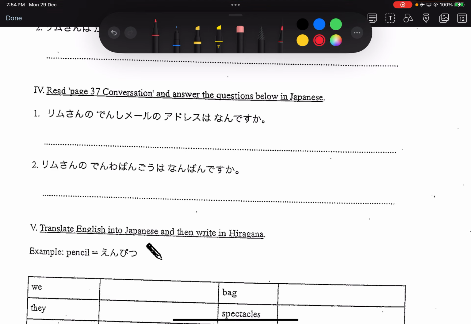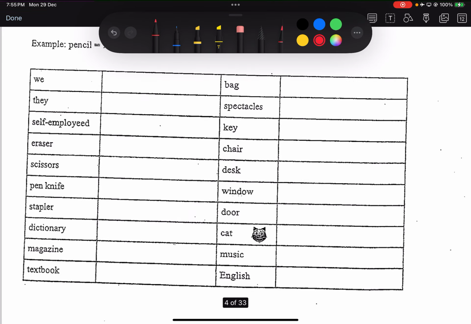Lim-san no denwa bango. Okay, this is the numbers, right? So 9, 2, 7, 3, 8, 4, 3, 4. Okay, good. It's from the passage. Yes. Okay, the next page, the table.